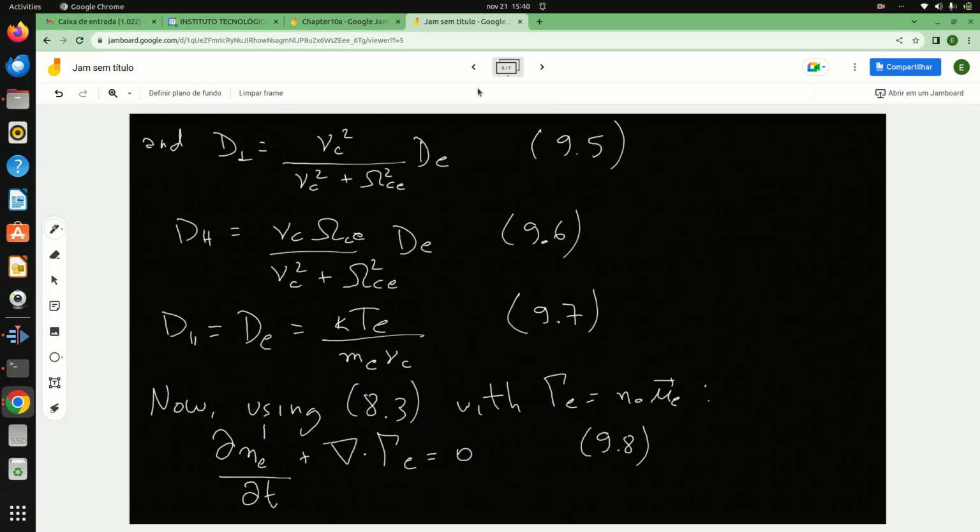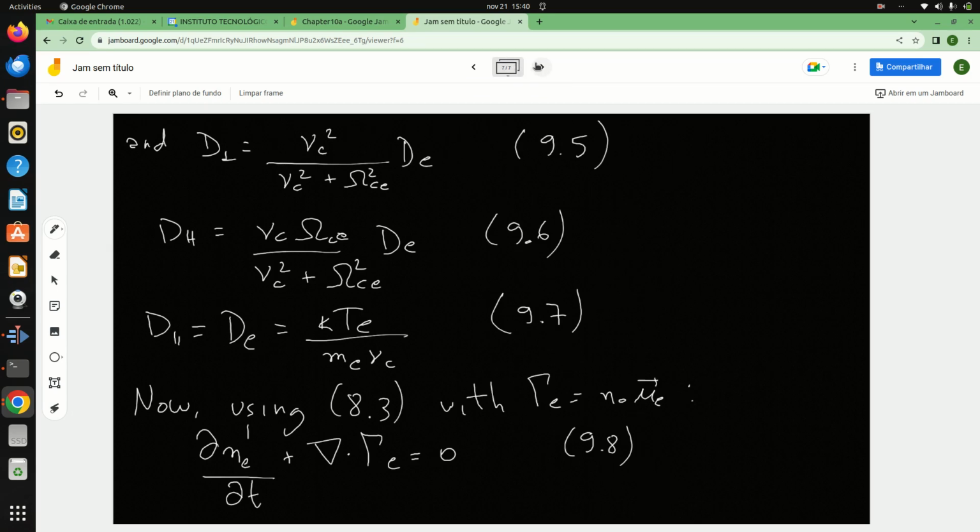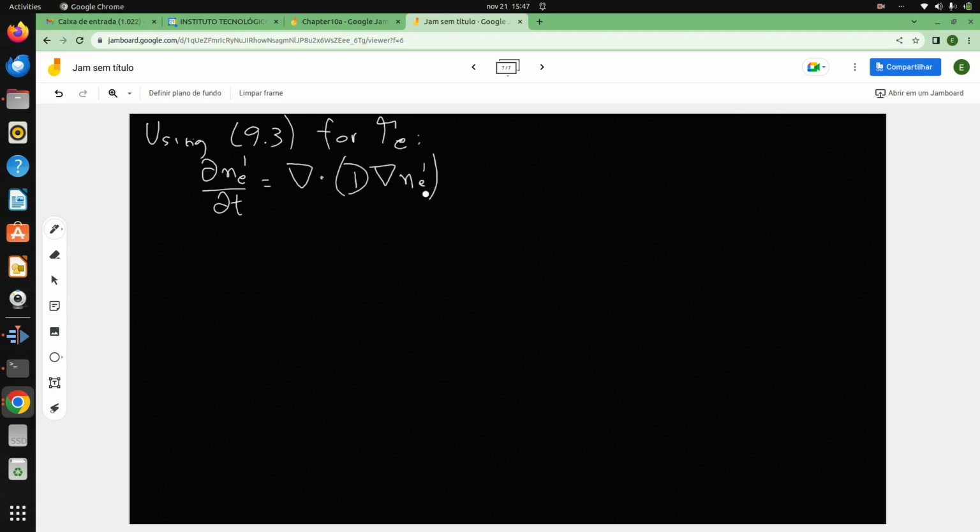And this is what we're going to use here. Using 9.3 for gamma E, the equation becomes del N E over del T equals divergence of D gradient of N E.